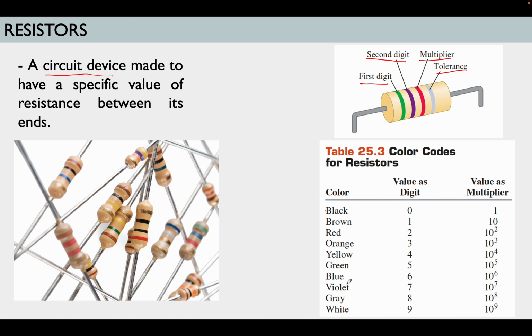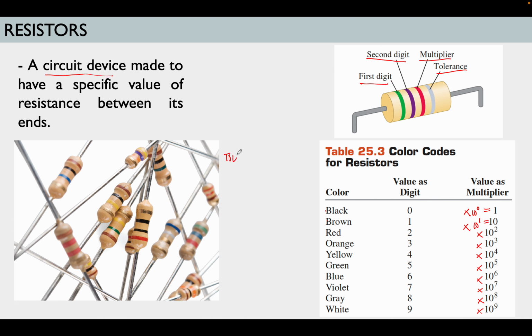And as a multiplier, for black we have times 10 to the power of 0, which is equal to 1. 10 to the 0 is just equal to 1. Brown is times 10 to the power of 1, which is equal to 10. And then red is times 10 to the power of 2, and so on and so forth. This is what we mean by multiplier. Okay, how about for the tolerance?